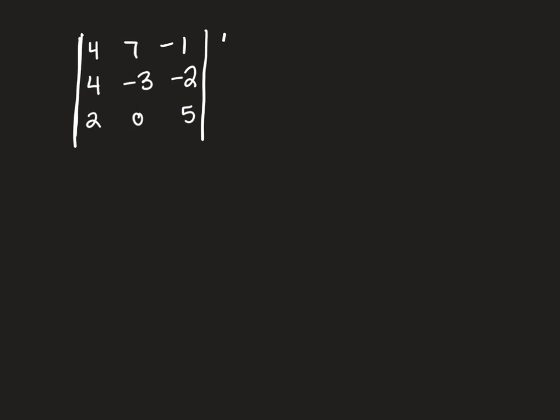So I'm going to write my 4, 4, 2 here, and then my 7, -3, and 0 right here. What that's going to allow me to do is use every number. So I'm going to multiply along that diagonal, this one, and this one. I'm going to multiply those highlighted numbers and add those together to get my first number.